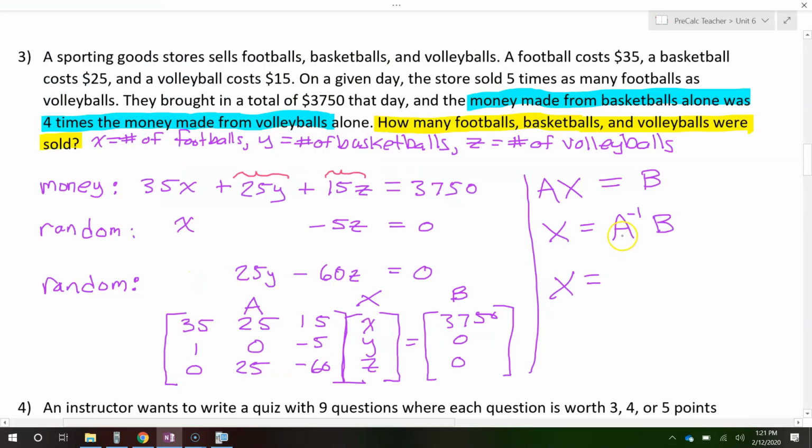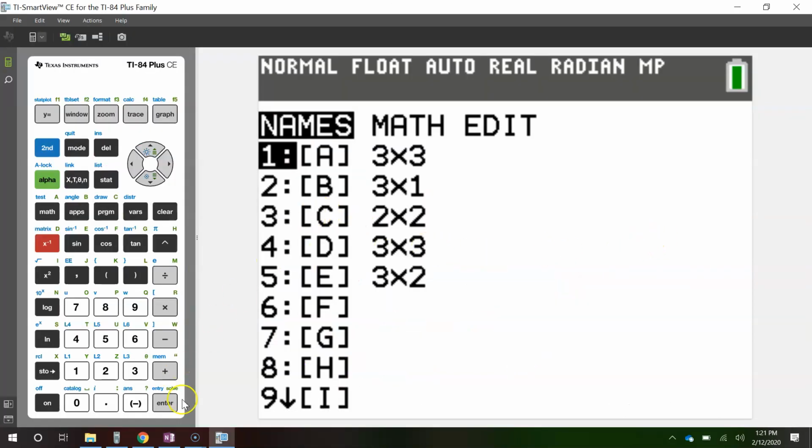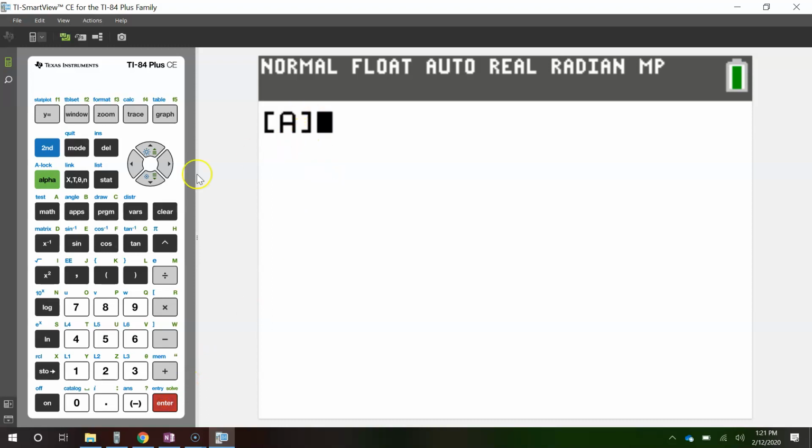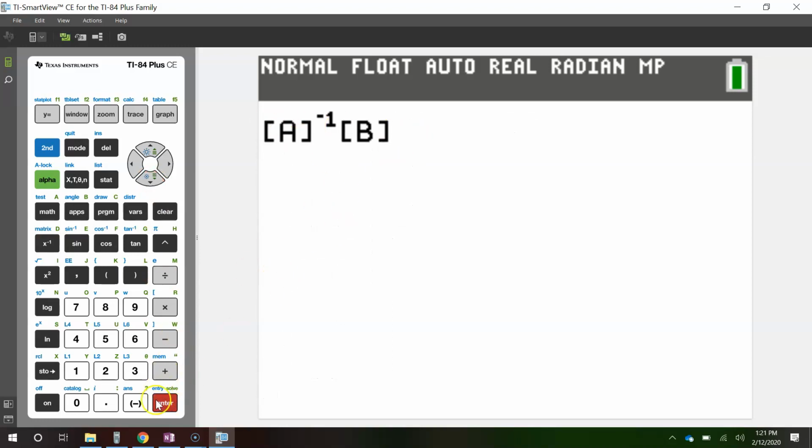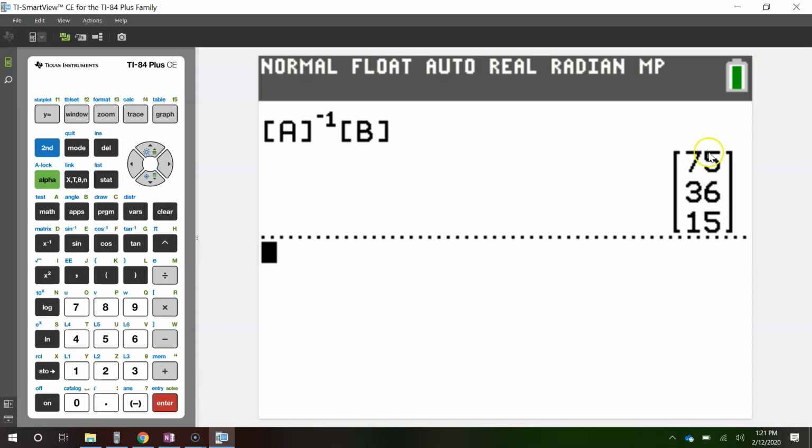Remember, we want A inverse B on the screen. If I just hit enter right now, that gives me A. Hit the button that says x to the negative 1 power, that makes it A inverse. Go back to matrix, go down to B. So here's A inverse B. That gives you the answer, 75, 36, 15.